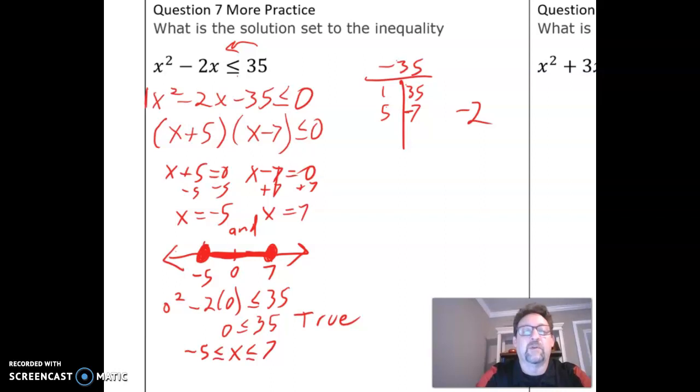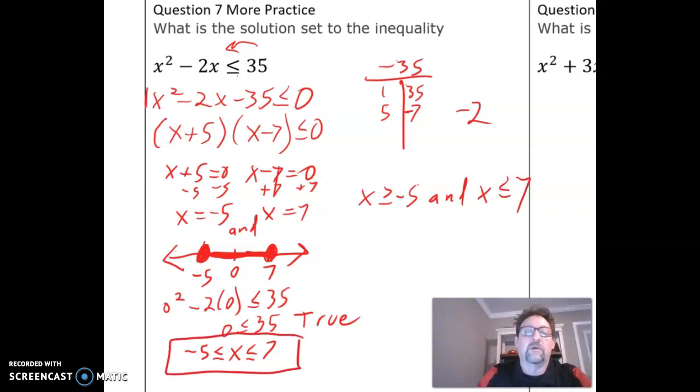They were less than or equal to, so we're going to put the equal sign. We could write it as x is greater than or equal to -5 and x is less than or equal to 7. But more often, mathematicians are going to write it like that. And I do believe that that's how we did it on the multiple choice.